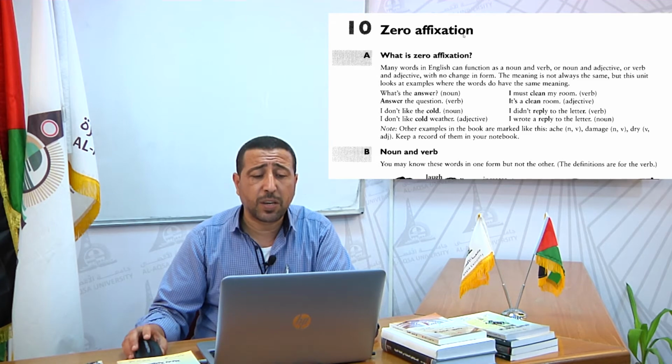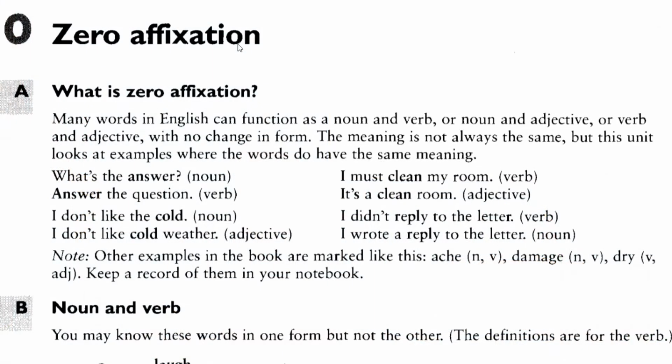Here, zero affixation, as the name suggests, means we have neither prefixes nor suffixes. So when we ask what zero affixation is, we say it is a word in English which functions as a noun and a verb, or a noun and an adjective, or a verb and an adjective. We need to focus on the fact that we still have the same written form of the word.